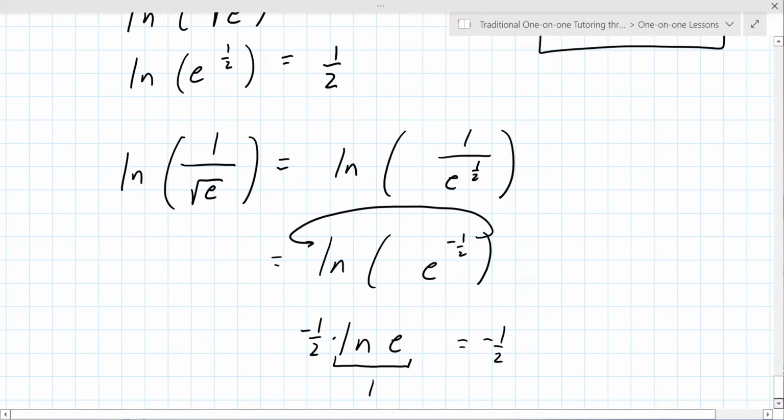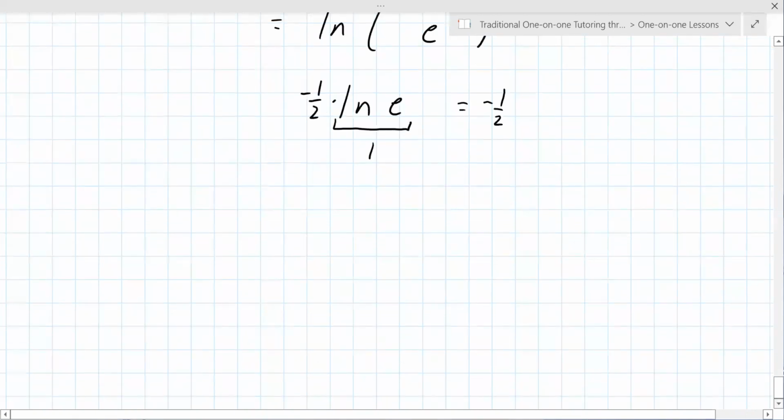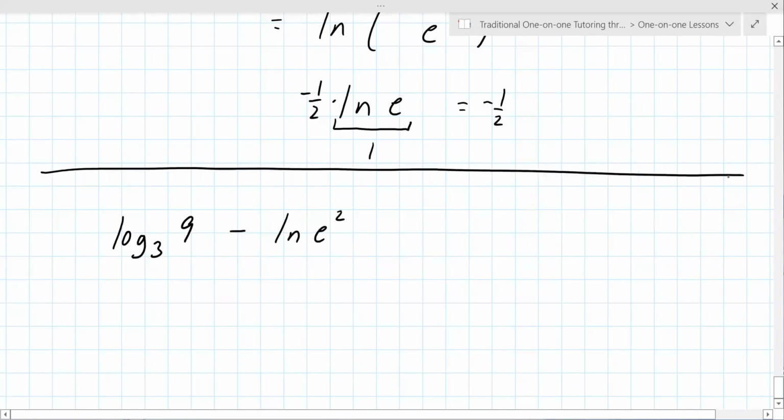Okay, so let's try some synthesis here. Let's go with log base 3 of 9 minus the natural log of e squared. Okay, so I want you to simplify this.